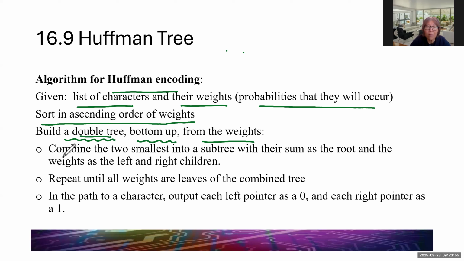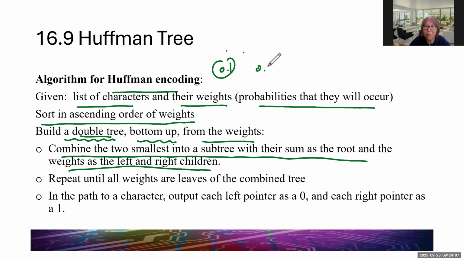We are going to combine the 2 smallest ones into a subtree with their sum as the root and the weights as the left and right children. So 0.1 plus 0.1, and then sum them to 0.2. Suppose this is P and this is F. So this is bottom up.